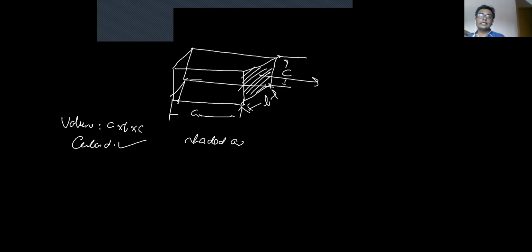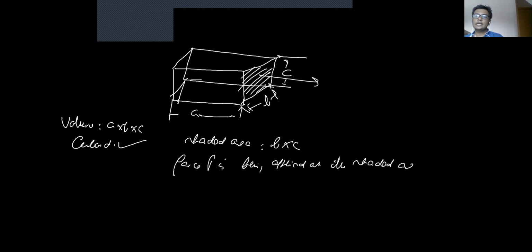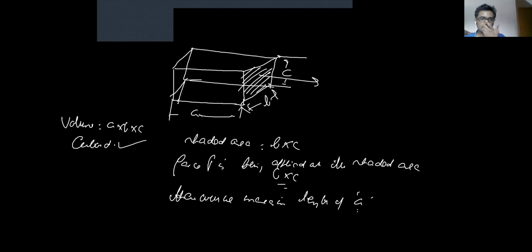The shaded area is B into C. So it means that the force P is being applied at the shaded area B into C. So there will be an increase in length of side A. Why?